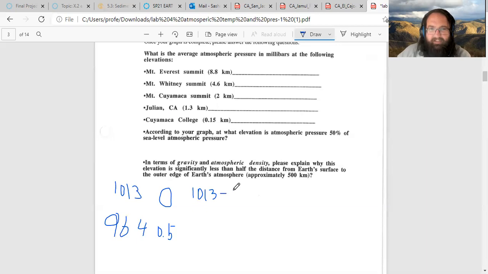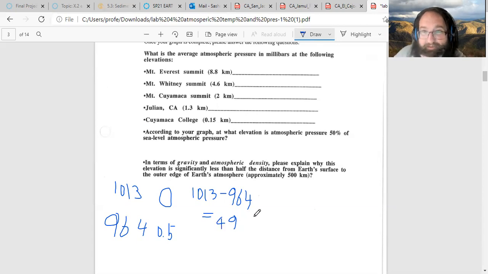We're just going to assume that this is a linear relationship, and that's going to give us 49.